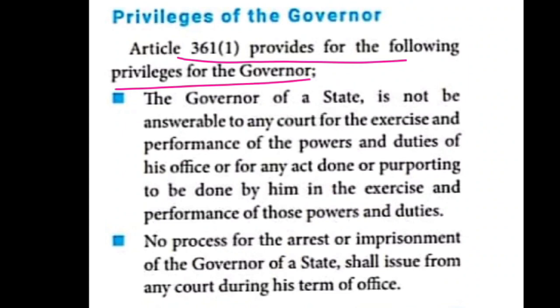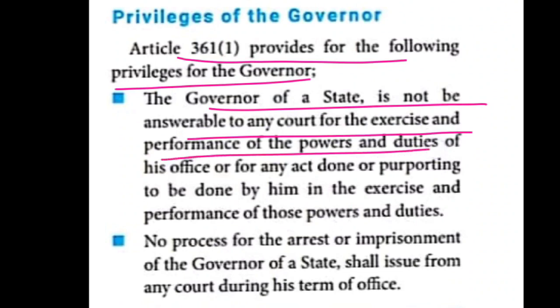The governor of a state need not answer to any court of law. When he is in the post, he need not answer to any court for the exercise and performance of the powers and duties of his office. That is the first point.